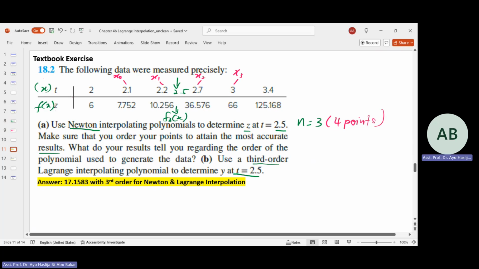The exact value is your fx, not fx1, fx2, fx3. Write down your data points first, then expand to find your weighting function. Newton uses B, Lagrange uses the weighting function.